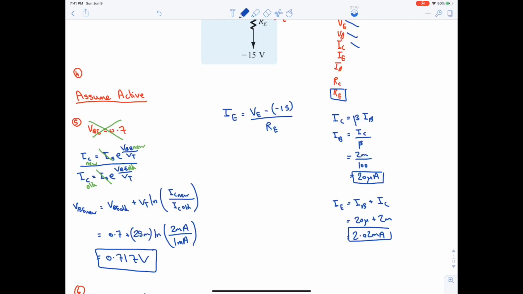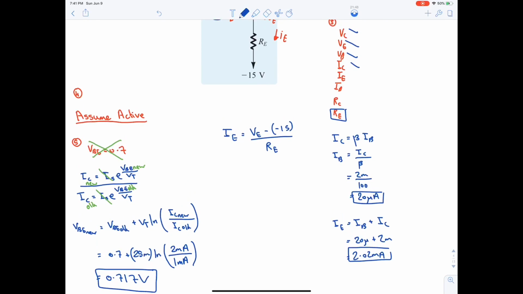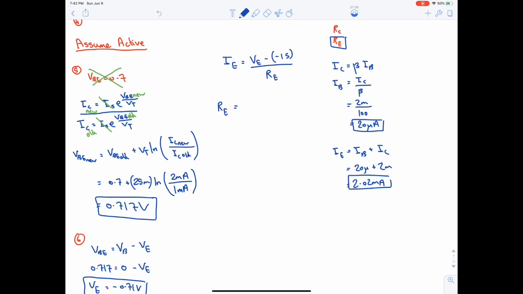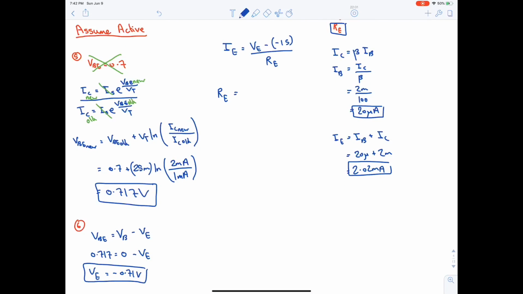Now we can find RE. Here we found IB and IE. The only things left are RE and RC. So RE is equal to VE, which is minus 0.717, I forgot a 7 here, plus 15, divided by IE.